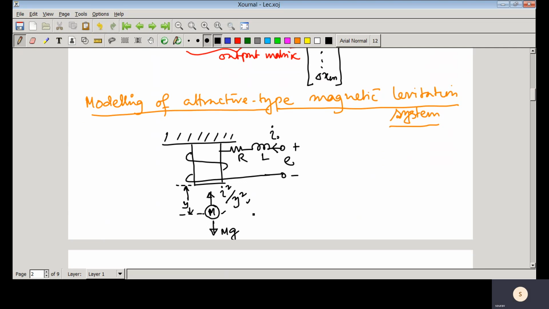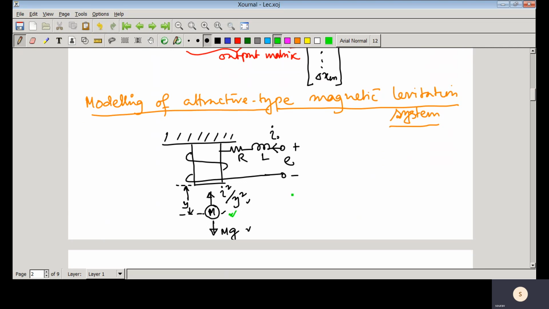This force will be balanced by mg, and whenever they are in equilibrium, the ball will be levitated in the air. I hope you all know this magnetic levitation setup, and it has a lot of applications as well.